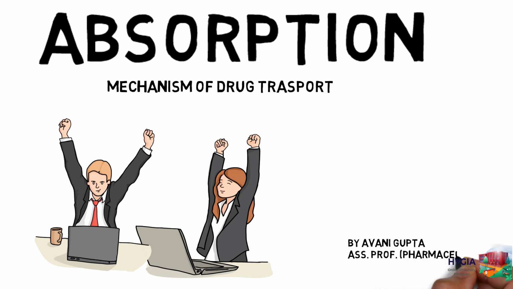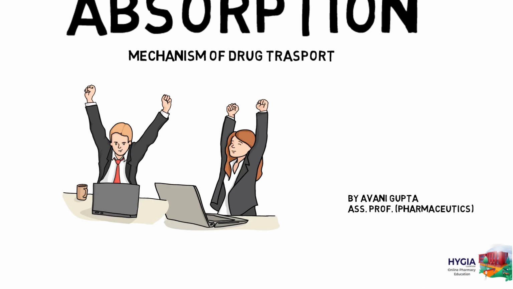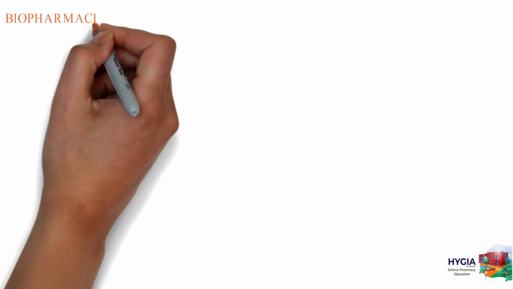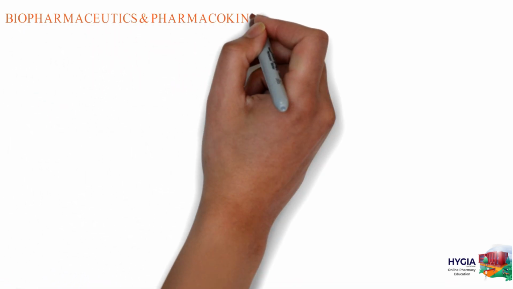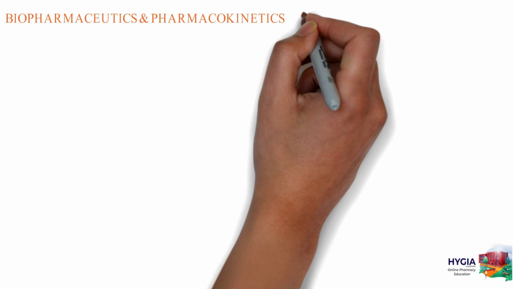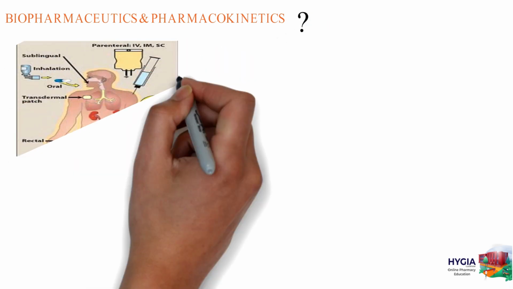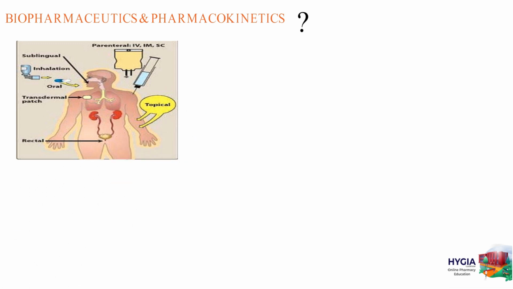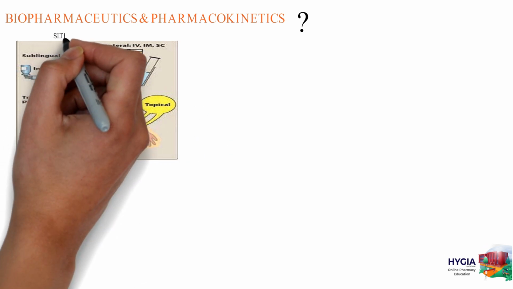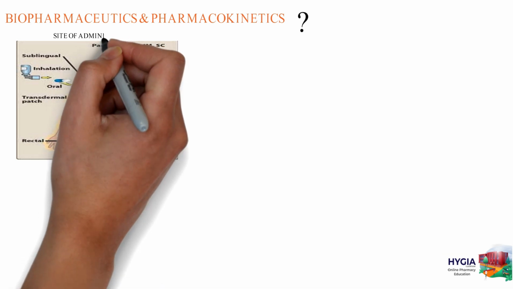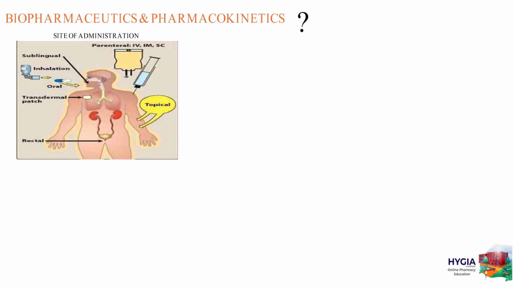Let me first introduce you all to the subject, that is biopharmaceutics and pharmacokinetics. In biopharmaceutics, we start with a concept: there are various sites of administration, and from these sites the drug moves to systemic circulation.